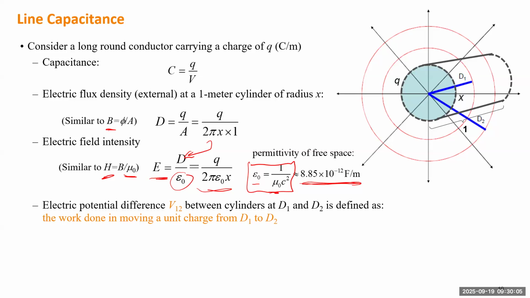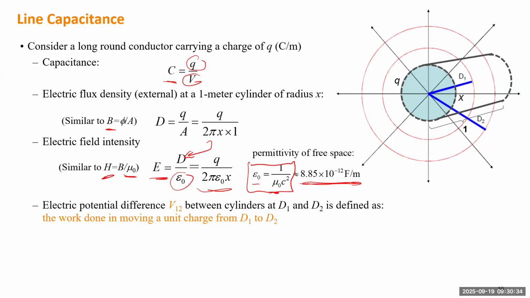If you move a charge from D1 to D2, and the center is a positive charge, the potential will decrease, so you will generate a positive voltage. And we use the charge divided by that positive voltage, and that will give you the capacitance. So once you define D1, D2, and the Q, you'll be able to calculate the capacitance.